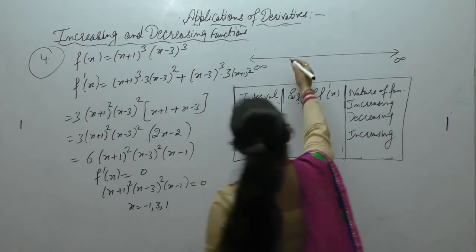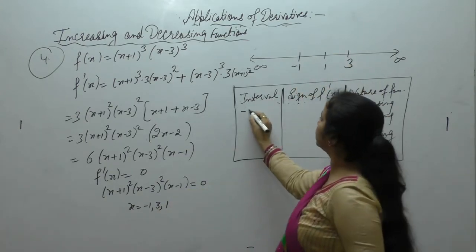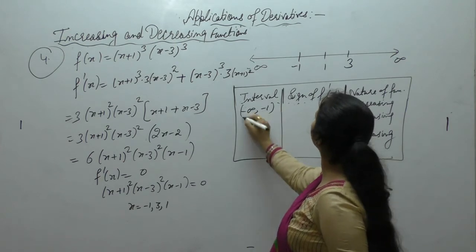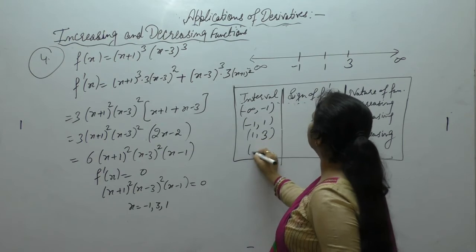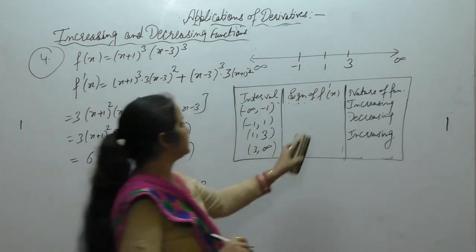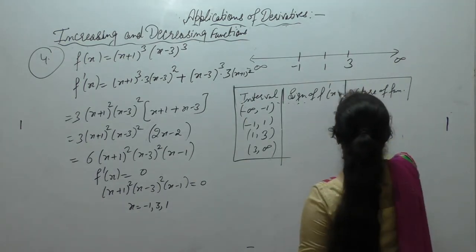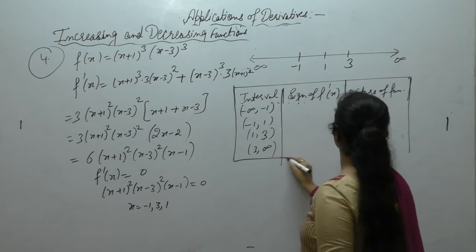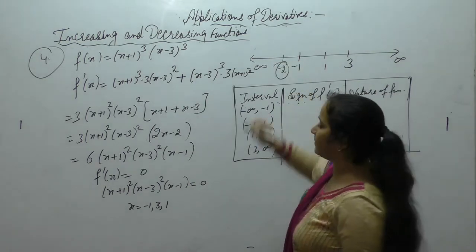x is minus 1, 1 and 3. Now check between minus infinity to minus 1, minus 1 to 1, 1 to 3 and 3 to infinity. Minus infinity to minus 1, take the number as minus 2.